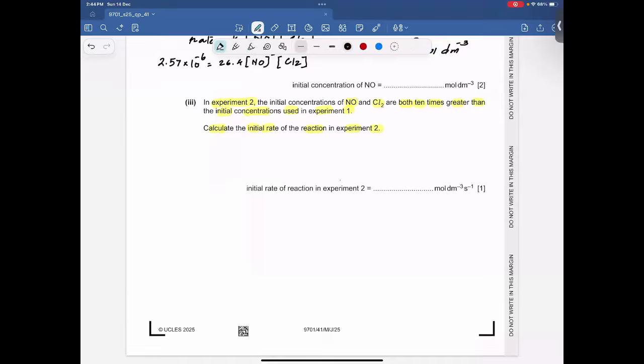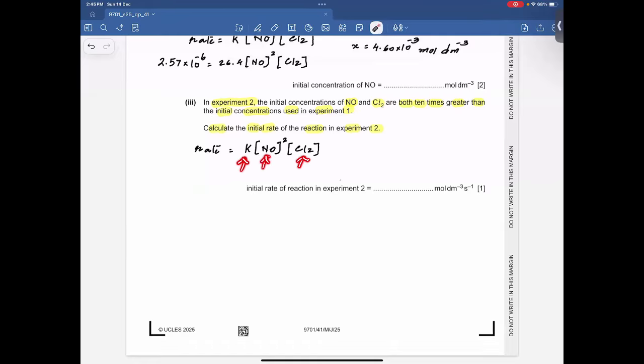Let me write the rate equation again. Rate equals to K, concentration of NO power square, and concentration of chlorine. We know the value of K. We know the concentration of NO and chlorine. So we can find the value of rate.